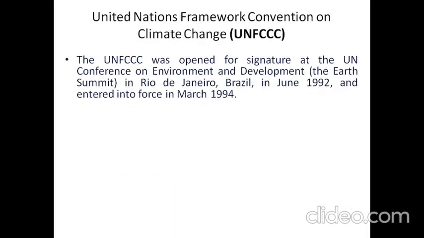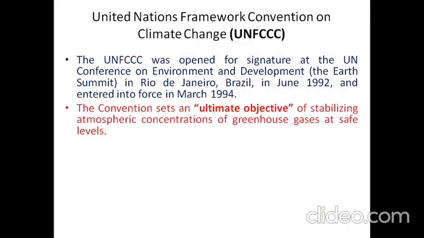United Nations Framework Convention on Climate Change, UNFCCC. The UNFCCC was opened for signature at the UN Conference on Environment and Development, called the Earth Summit, in Rio de Janeiro, Brazil in June 1992 and entered into force in March 1994.